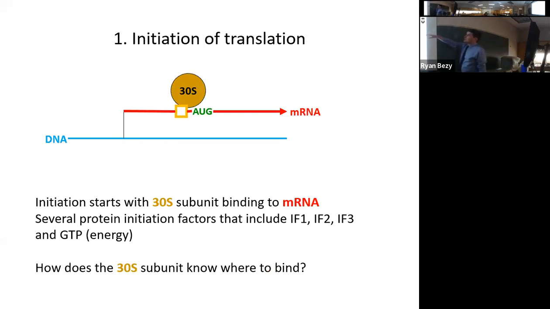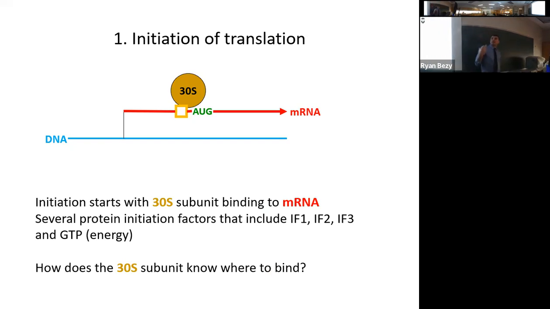So here I have a gene, DNA. Off of it, you're making a messenger RNA transcript. In that messenger RNA transcript, initiation is going to start off. Ribosomes are first going to come on here with the 30S subunit coming in first.